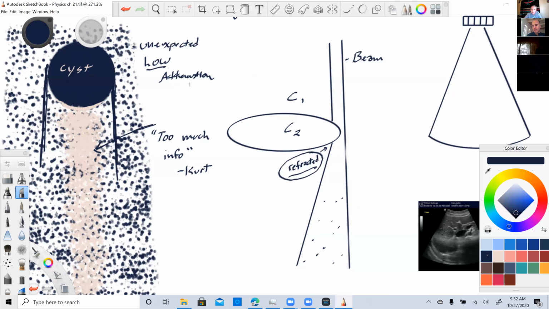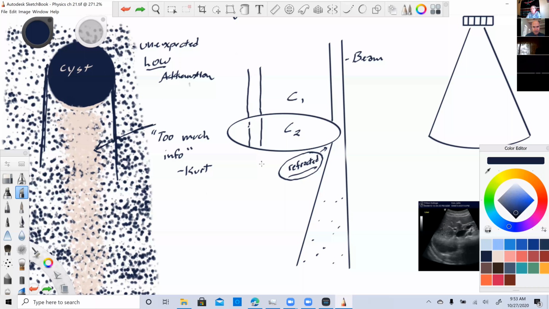Let's just quickly say this. My sound beam comes along here, and any refraction that occurs is so minute that we won't be able to see it. So sound continues to go through, come along. Is there the slightest change in direction? Yeah, sure.